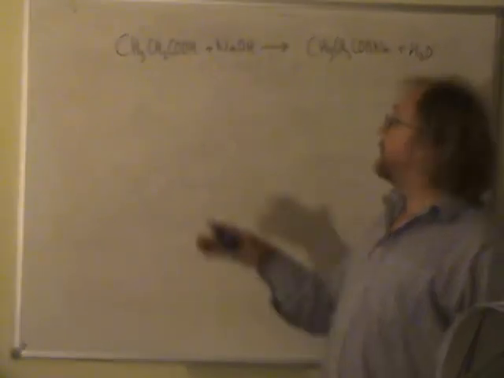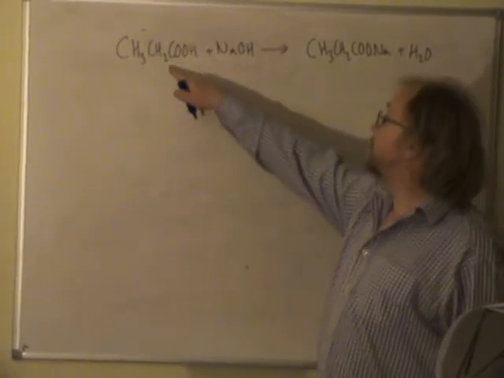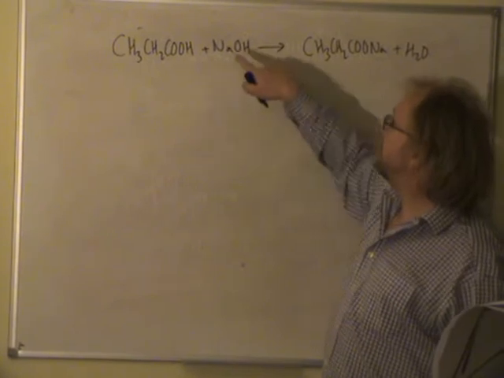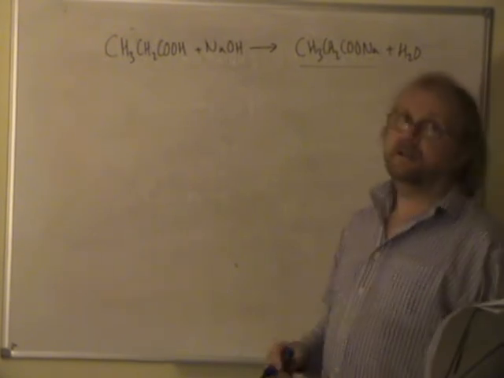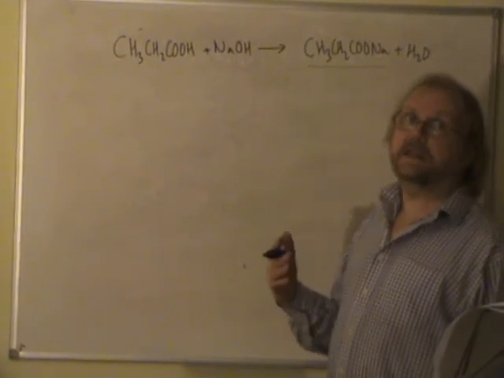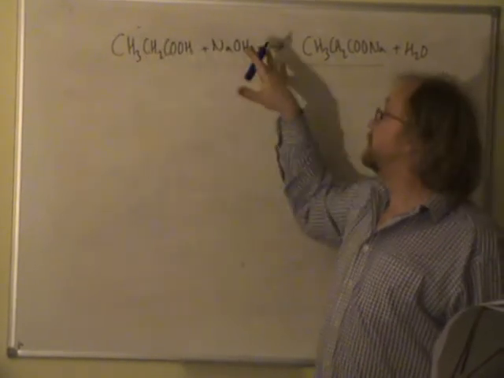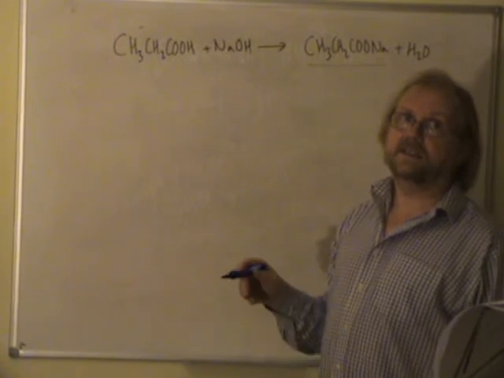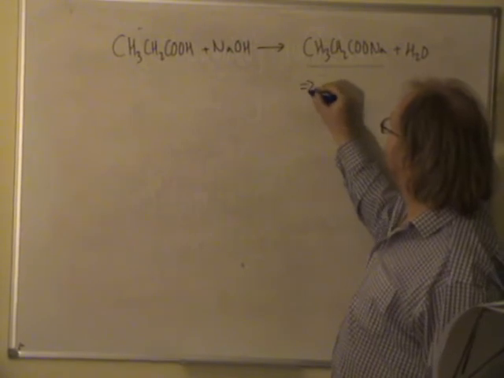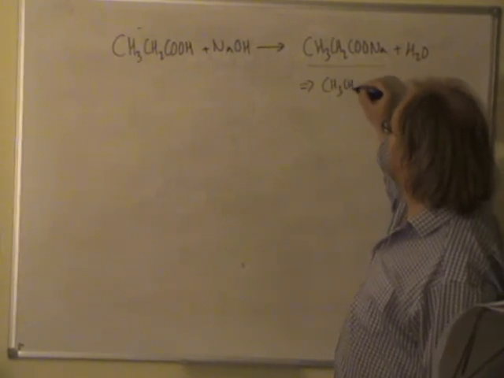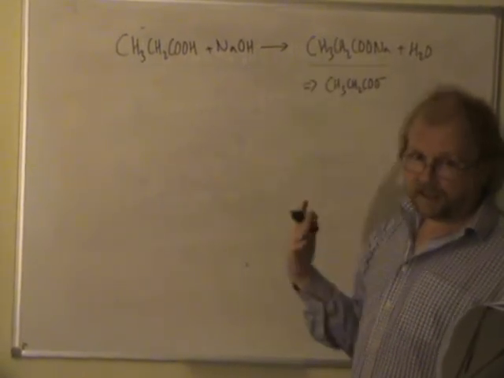So that equation needs to be there to explain that when you add excess propanoic acid, some of it will react with the sodium hydroxide to form that salt, but that because the propanoic acid is in excess, there will still be some of it left unreacted as well, because there wasn't enough sodium hydroxide there. So the mixture you have at the end will contain that salt, and therefore will contain the propanoate ion, because remember, salts are ionic compounds, so they're fully ionized.